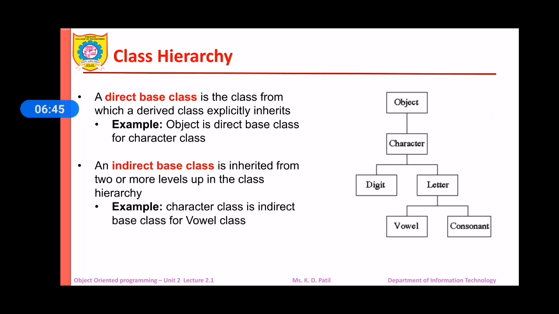If you observe the hierarchy properly, oval class is the explicit subclass of the direct base class letter, and letter is a subclass of the character class. Character class is the superclass of the letter class, but ultimately the oval class is also a subclass of the character class. Now here the character class is the indirect base class for the oval class.